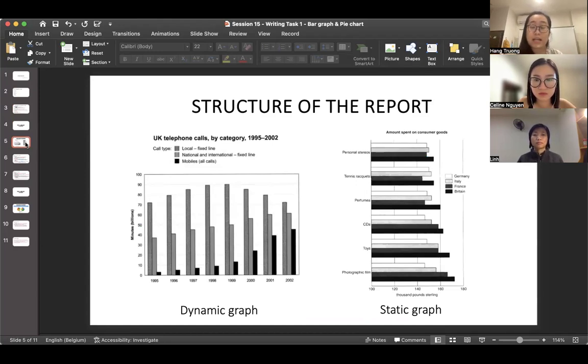Last time, we also worked with two different line graphs, right? One was very simple, only had 3 lines, and the other had, I think, 6 lines. So it's very different. And when it comes to bar graphs, today we also have 2 bar graphs. So now, what do you think is the difference between these two?